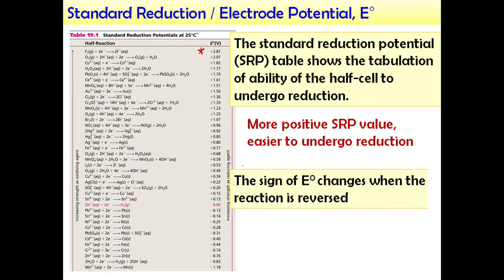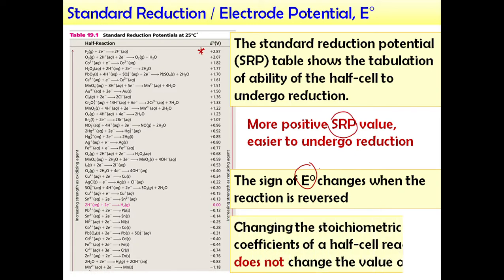If the equation is reversed, the E0 value dia akan tukar sign. So E0 dan SRP adalah benda yang sama. Okay, tetapi kalau kita ubah stoichiometric coefficient, dia takkan affect nilai E0. So, the E0 value ataupun SRP value masih sama.